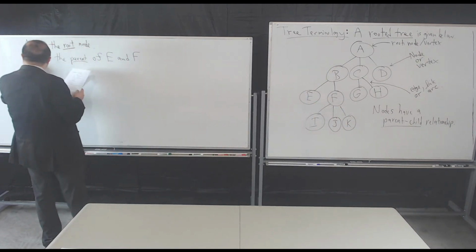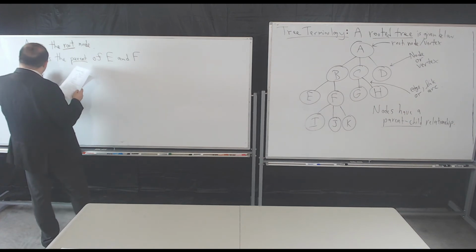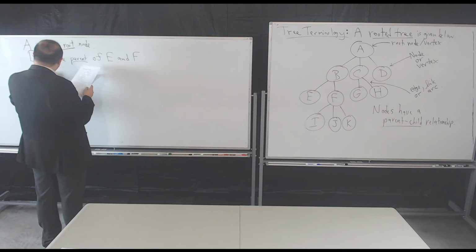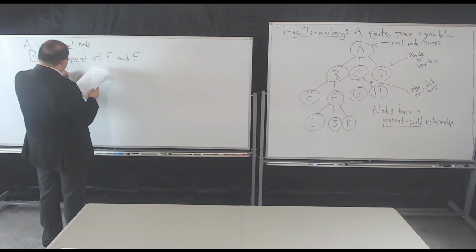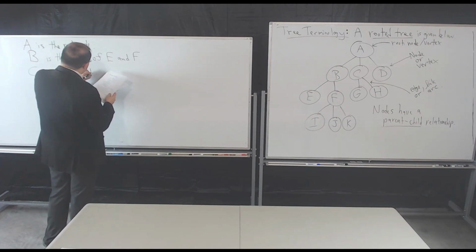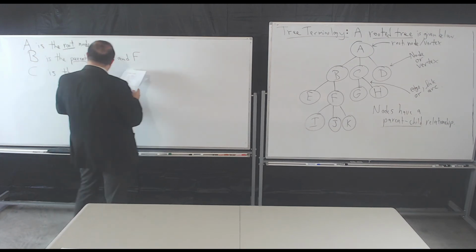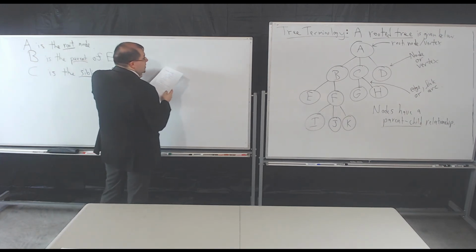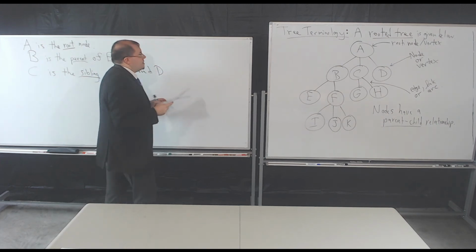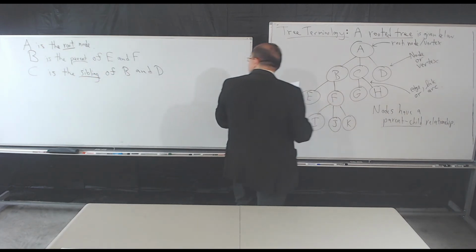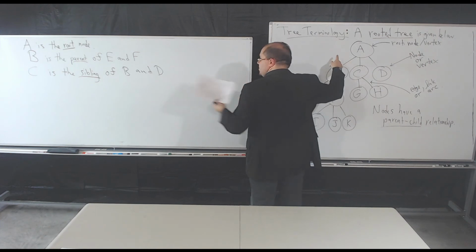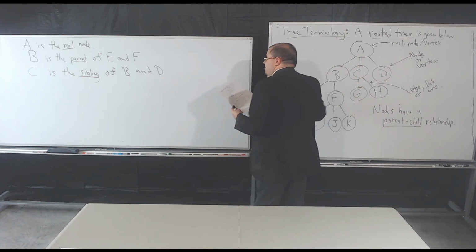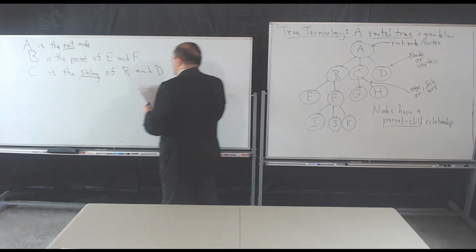You're going to find we're very much going to use a familial type of language to describe this. C is the sibling of B and D. So notice that the parent of B is A, but C's parent is also A, and D's parent is also A. So C, B, and D are all siblings.